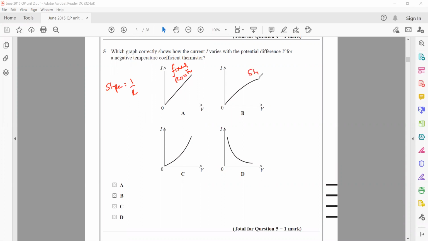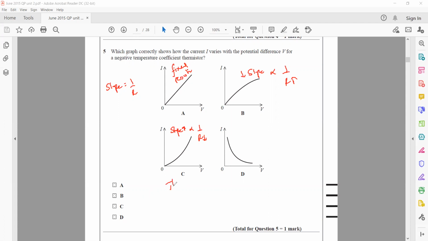Here the slope is decreasing, it means the resistance is increasing. And here the slope is increasing, it means the resistance is decreasing. And for a thermistor, when we increase the temperature, the resistance will decrease.